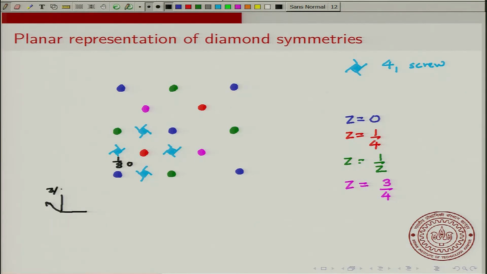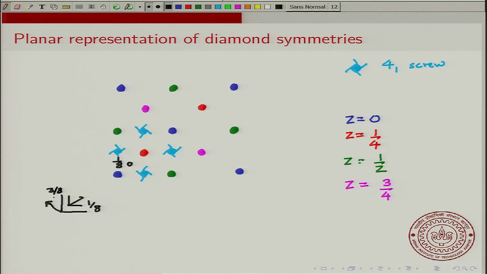It is 3 by 8 and 1 by 8. Okay, so you can easily show that there is a glide plane that is parallel to the screen, and it is a diamond glide plane.